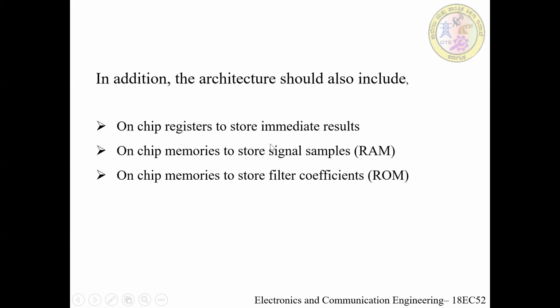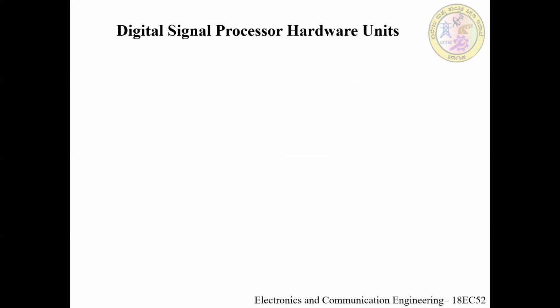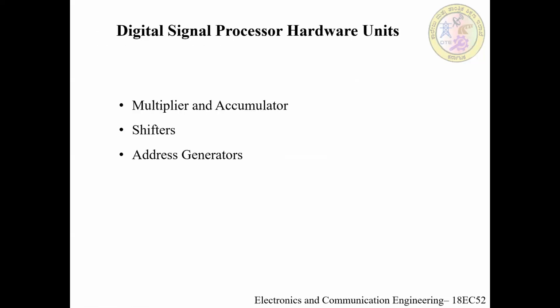These are the memories which are available in the architecture itself, hence making the function faster. Okay, so now let us consider the digital signal processor hardware unit. It mainly consists of multiplier and accumulator unit, shifters, and address generation unit.